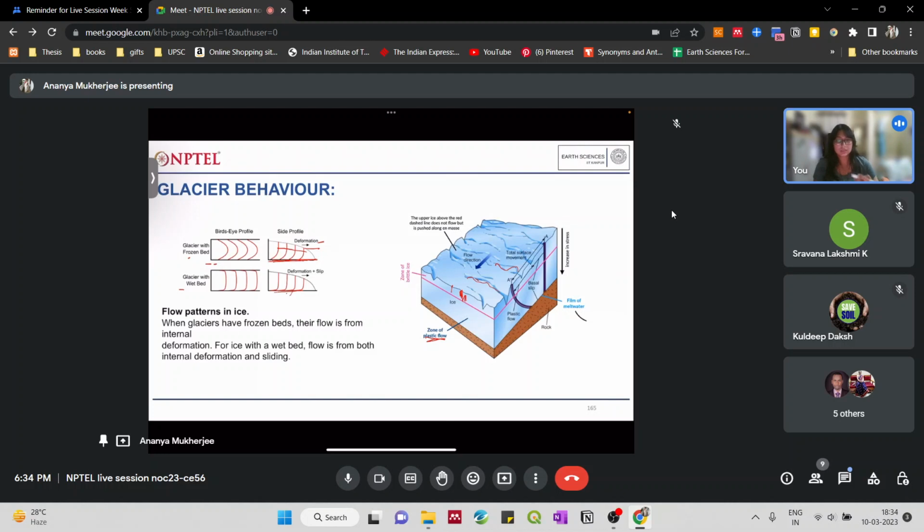That is why we say that when glaciers have frozen beds, the flow is from internal deformation. These crevasses also start flowing because of this deformation. With a wet bed, it's going to be both deformation as well as sliding along the bedrock. So this is the difference between the movement of the glacier based on whether the bottom is wet-based or dry-based.